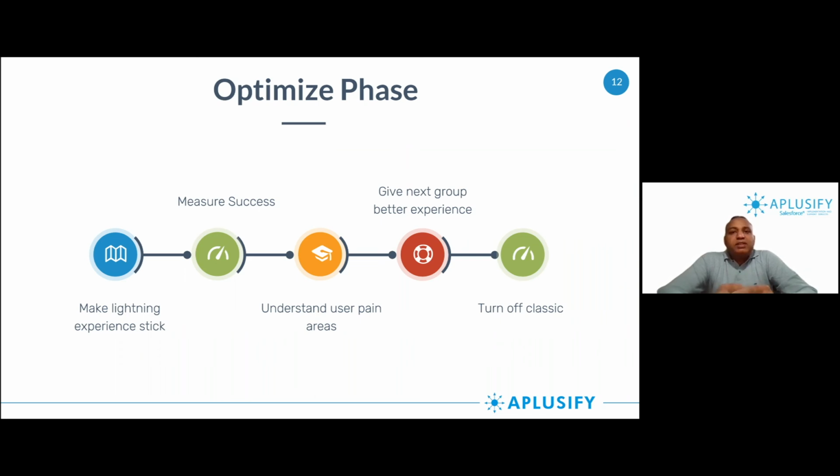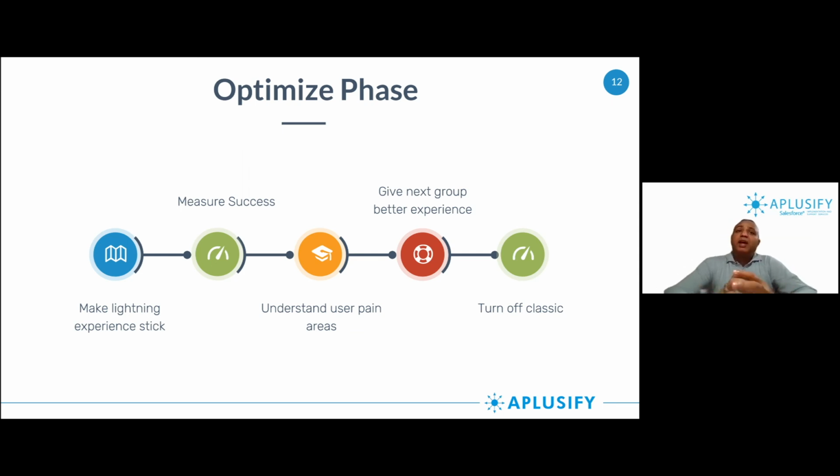So try to understand the user pain areas, deploy a team of people who can actually help them out, who understand their pain areas, and maybe try to resolve them and come up with a different release, so that the next group, when they are testing, have a better user experience based on what the previous user experience has been.